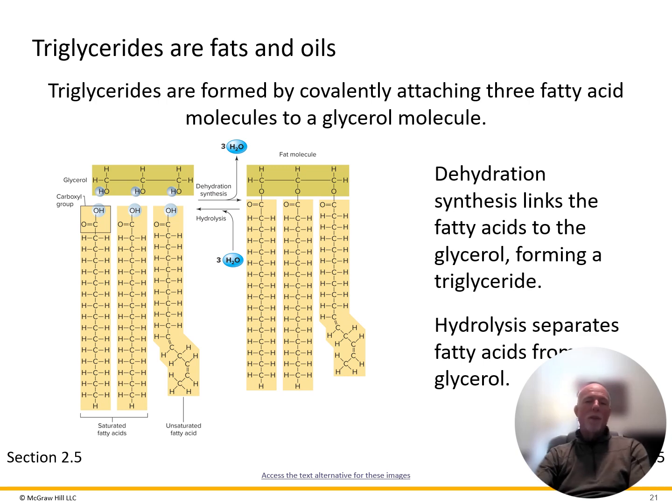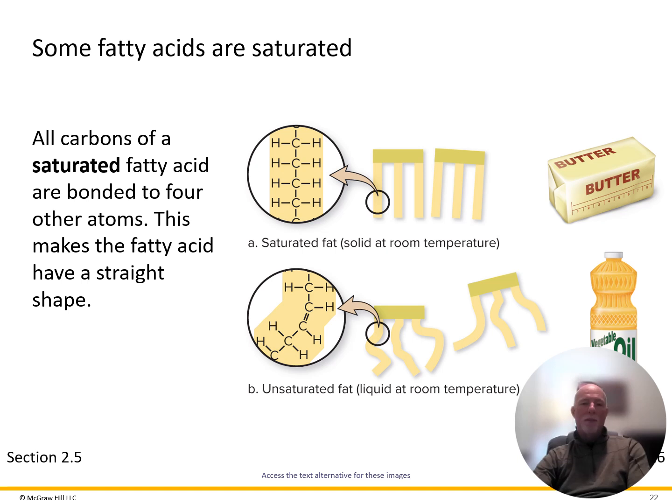So let's see if we can talk a little bit more about some of these. So here's the saturated fats, saturated with hydrogen molecules. Here's the unsaturated fats where we are missing a hydrogen molecule. Make sure we understand the difference structurally between saturated and unsaturated fats and their physical properties.